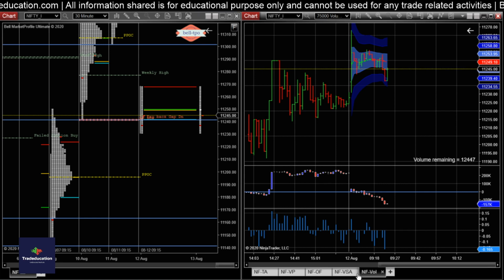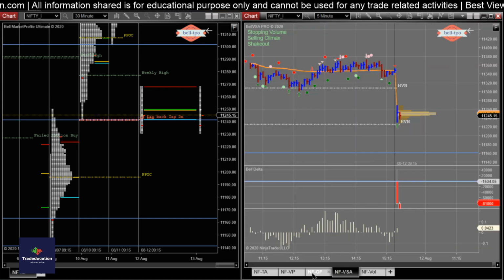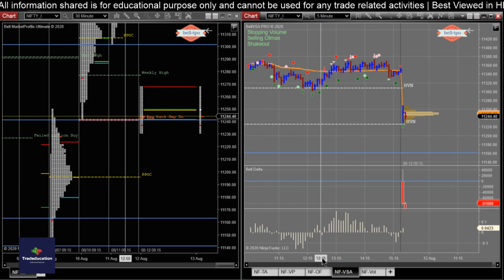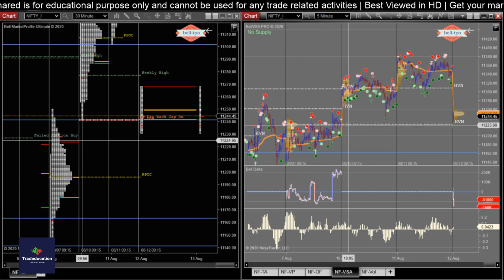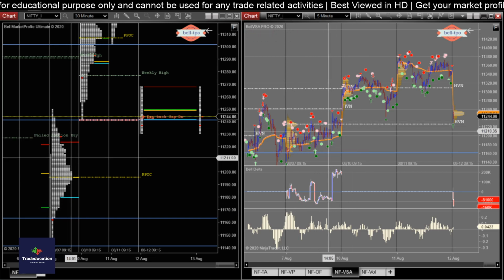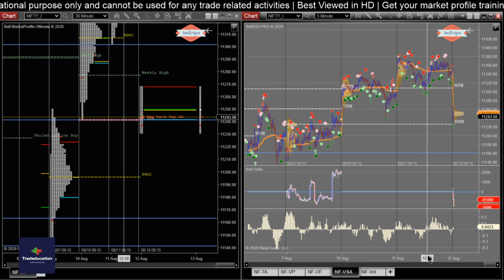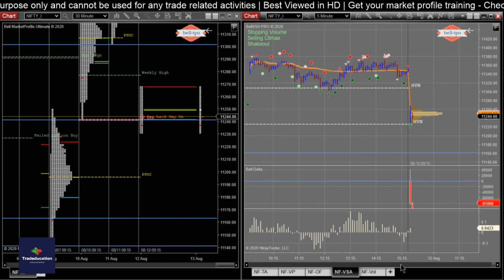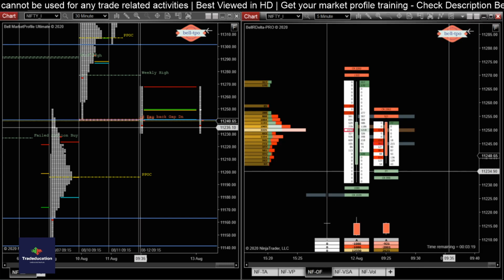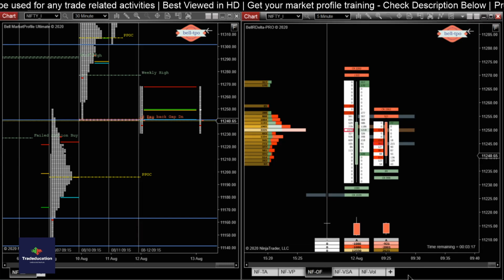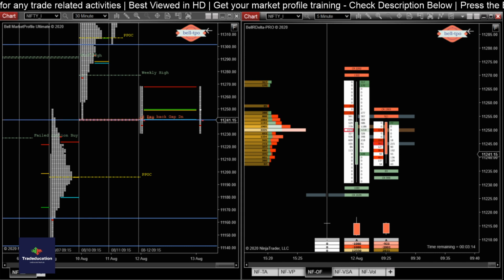Pretty good pressure from sellers. So this is the entire support zone. I'm just waiting at the candles, observing the auction.